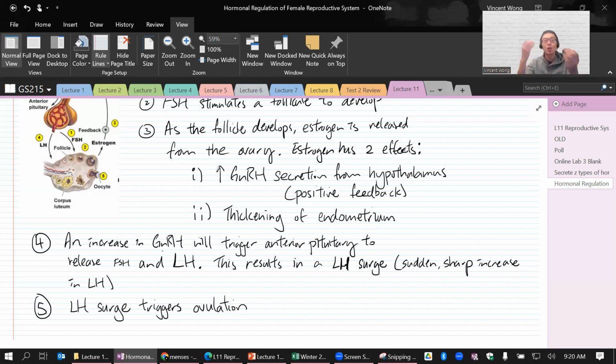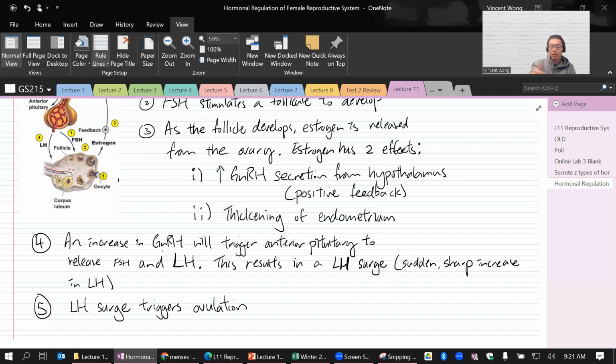So when it's close to the ovulation day, they would test their urine with the ovulation applicator. I'm not sure what it's called, but it's a stick, and on it are antibodies that will recognize LH.